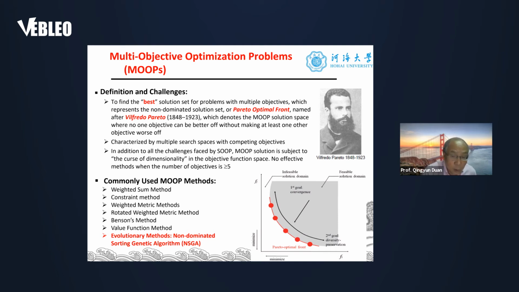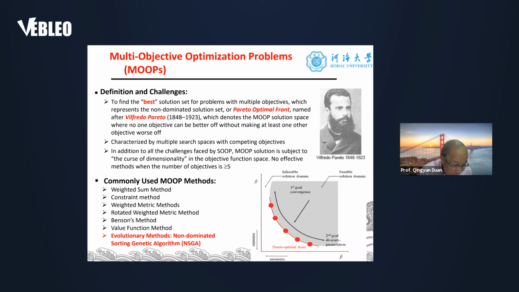And so it has all the challenges faced by SOOP, but also, if you have more objective functions, you have to deal with the curse of dimensionality in terms of objective function space. There are different methods available, including the weighted sum methods I just showed in the previous example, and some other methods.